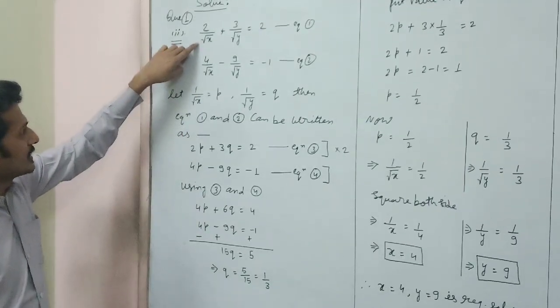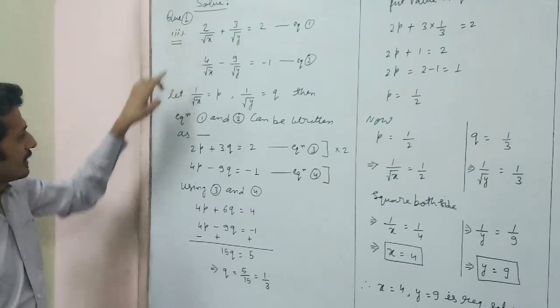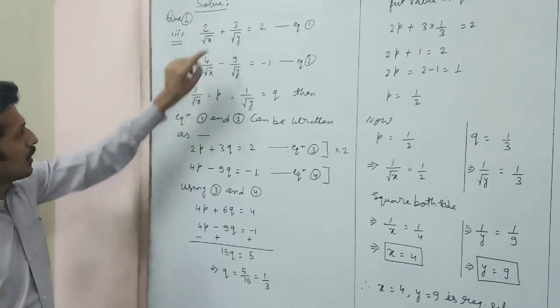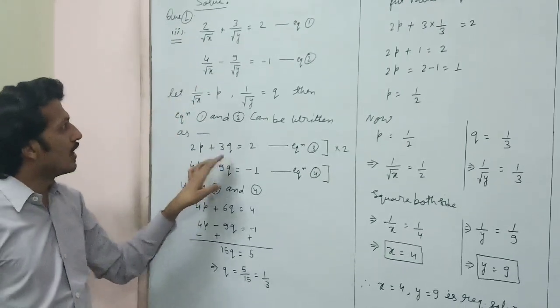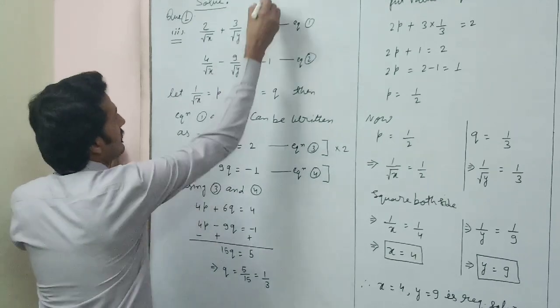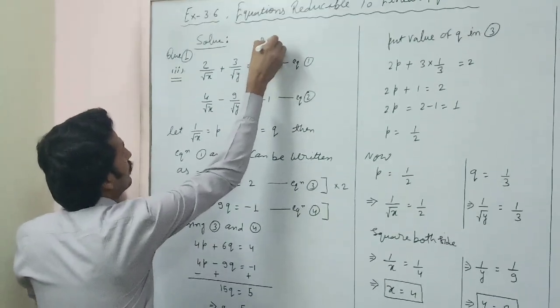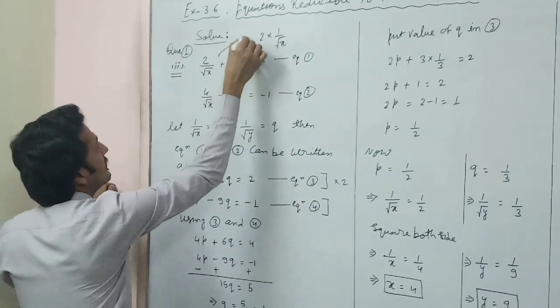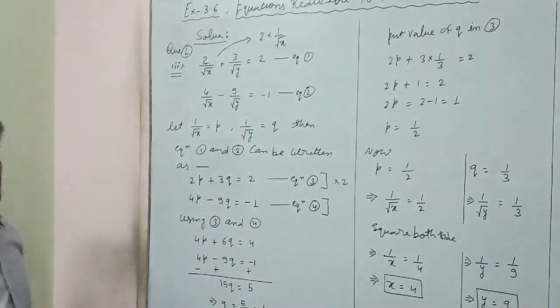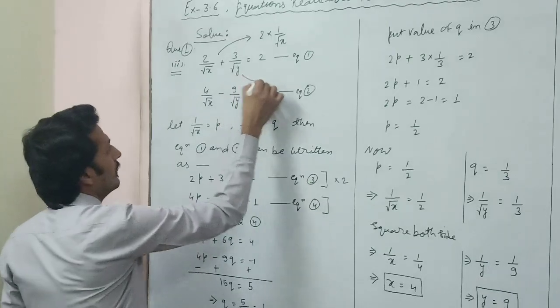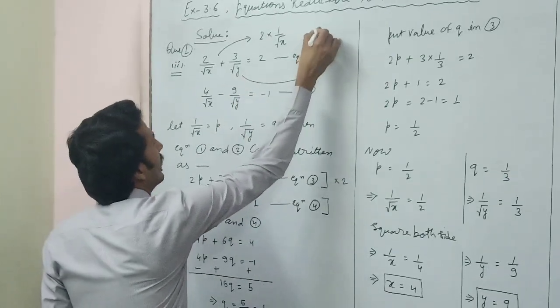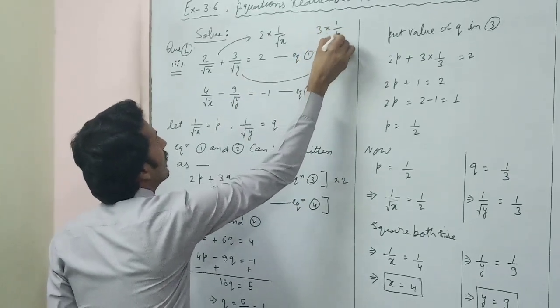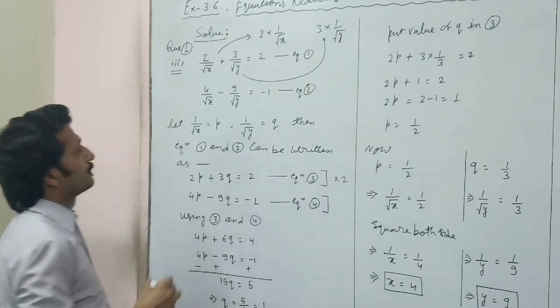Now 2 upon root x can be written as 2p, and 3 upon root y can be written as 3q. How can we write this? Let's see. 2 upon root x can be written as 2 into 1 upon root x, and 3 upon root y can be written as 3 into 1 upon root y.